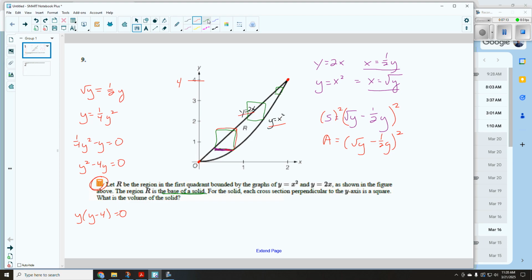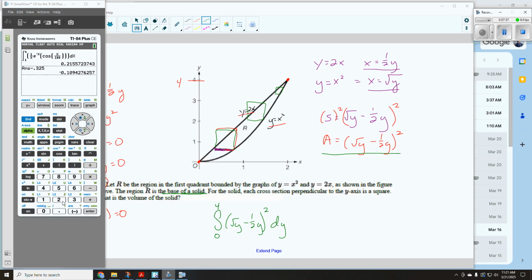So what I'm going to end up doing here is integrating from 0 to 4 my area. So I'm going to integrate from 0 to 4 the square root of y minus 1/2 y, squared, dy. And so pulling that up on my calculator, I'm going to go alpha F2, integrate.